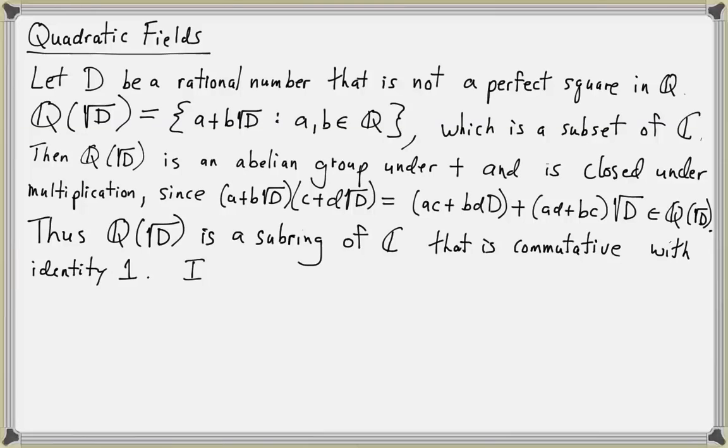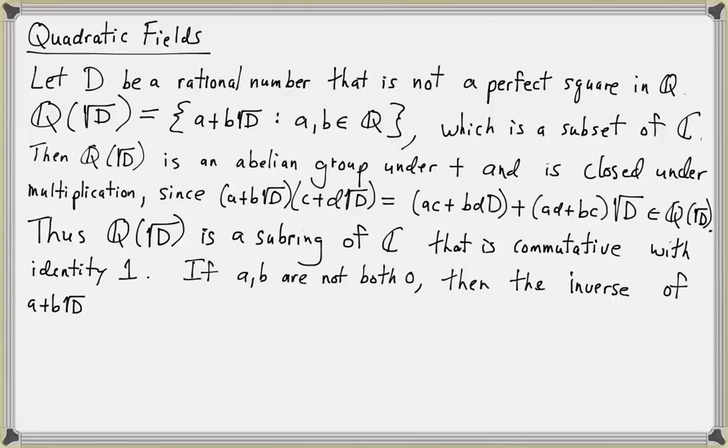So if A and B are not both 0, then we can actually find the inverse of A plus B square root of capital D. And the inverse of A plus B square root of capital D is A minus B square root of capital D, all divided by A squared minus capital D B squared, which is an element of Q of square root of D.